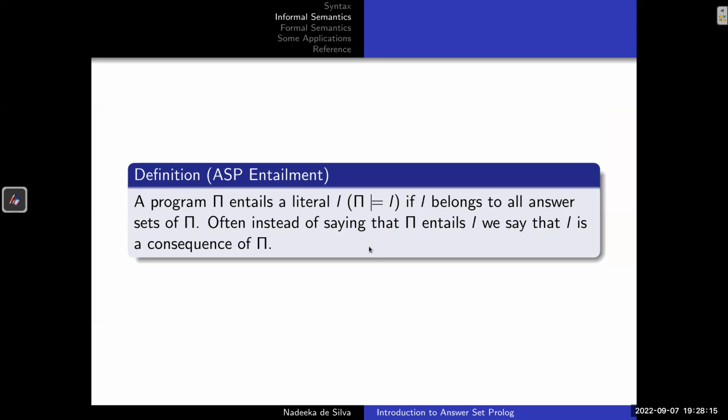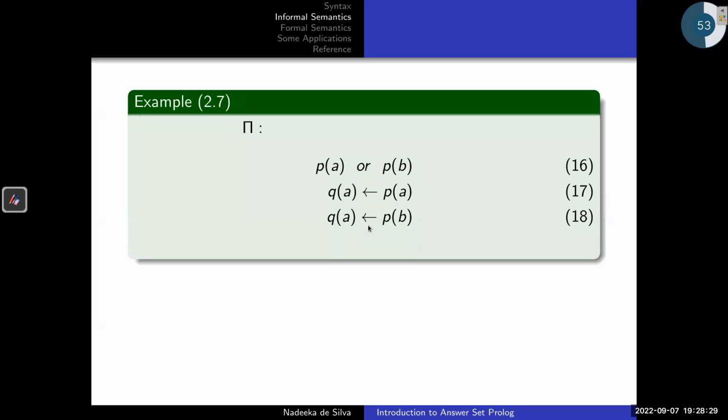So if we look at this previous program, we know our answer sets for this program are PA, QA and PB, QA. If I look at QA, that belongs to both answer sets. So I say pi entails QA.